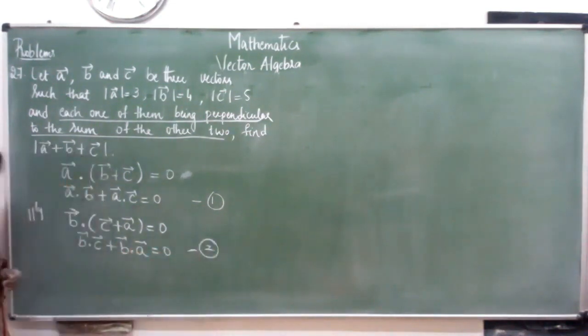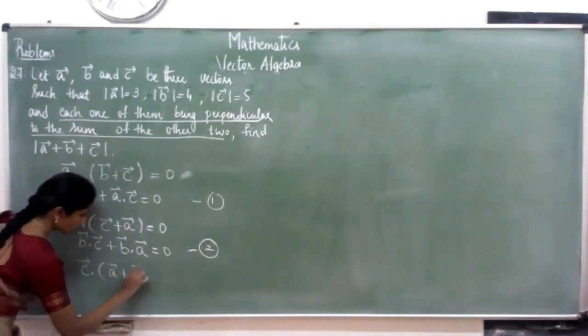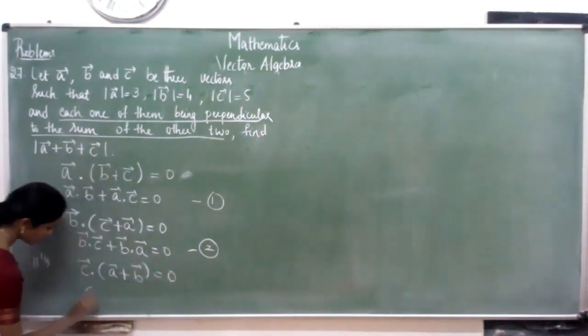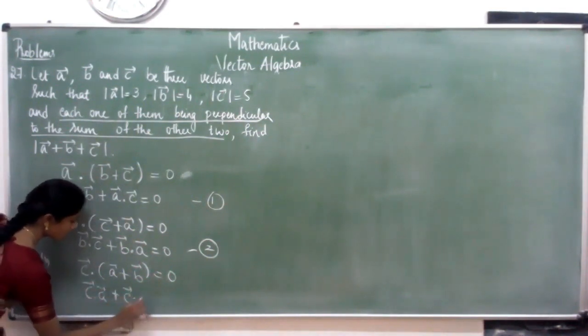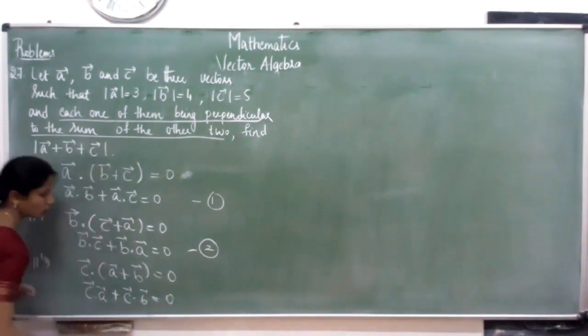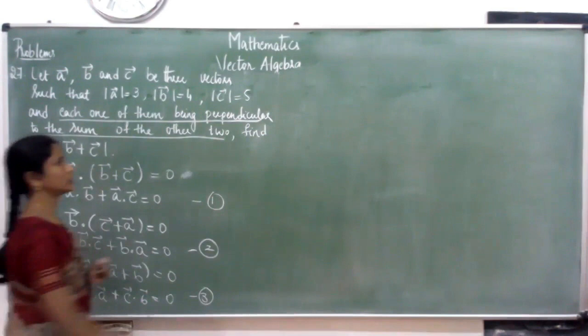I'll call this equation number 2. In the same way, vector C dot, vector A plus vector B, will be equal to 0. Therefore, vector C dot vector A plus vector C dot vector B is equal to 0. This I call equation number 3.